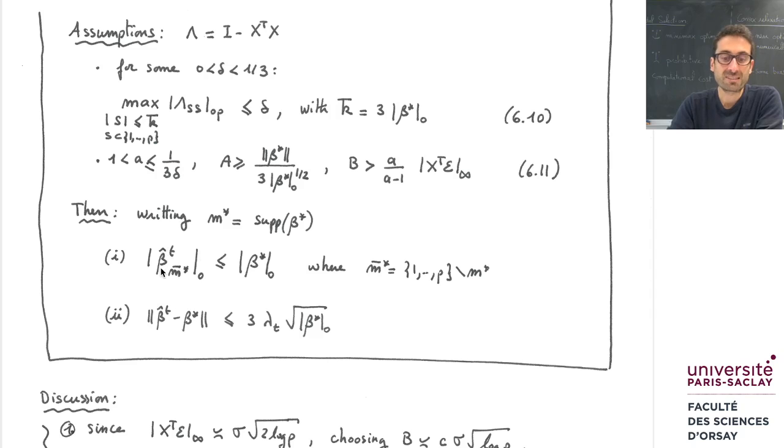Since outside of the support beta hat t has at most this number of non-zero coefficients, the difference between the two will have no more than twice this number of non-zero coefficients.